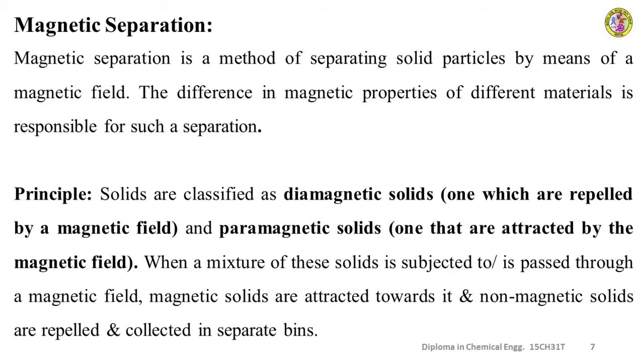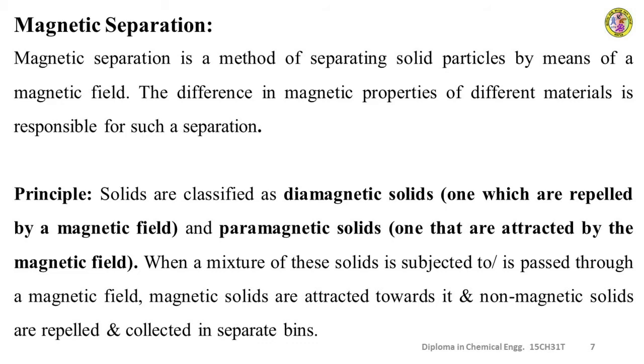The principle involved in magnetic separation is that when a mixture of particles is taken, some particles may be magnetic in nature, so they are the ones which are attracted by a magnetic field, and such particles are called paramagnetic solids.